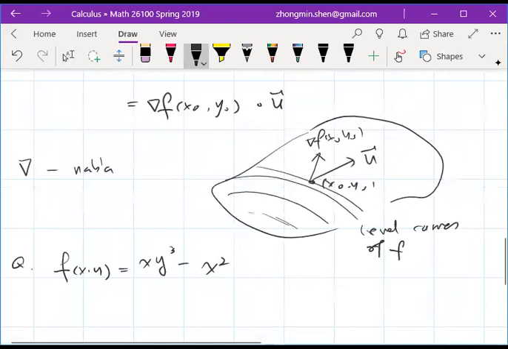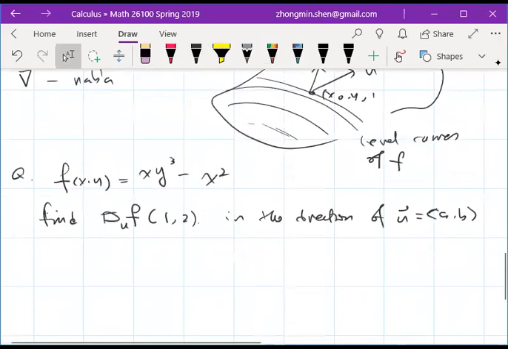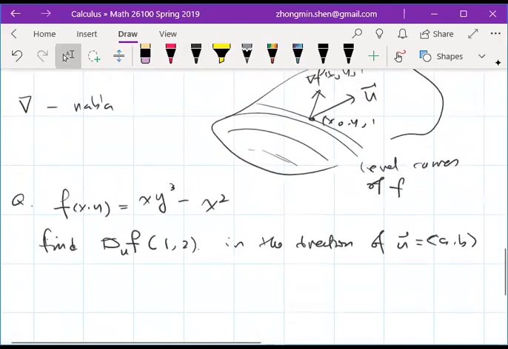Okay, so find the directional derivative of f at the point (1,2), and in the direction u. I can use an arbitrary direction. Okay, let's just use a and b. So I can give you a specific direction, but not right now. Okay. So the point is given. Okay. So how do I do that?